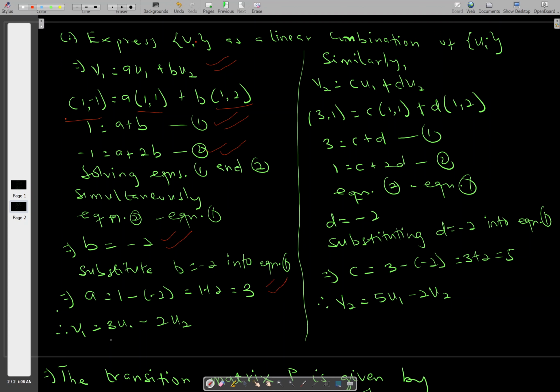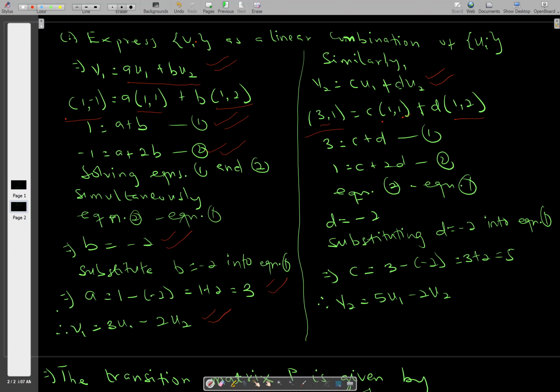So therefore V1, which is AU1 plus BU2, is given by 3U1 minus 2U2. Similarly, we express V2 as a linear combination of U1 and U2. So that's what we have here. This is V2, this is U1, this is U2, right? So we solve for the unknowns, and here the unknowns are C and D, right?